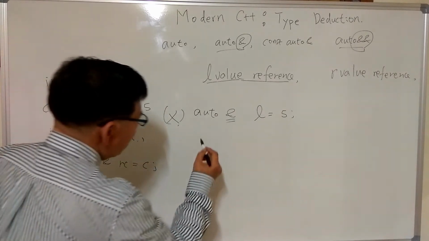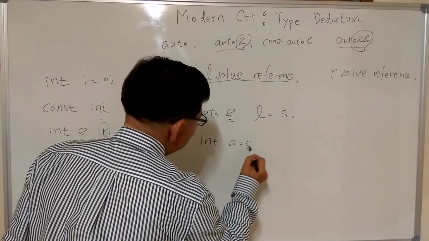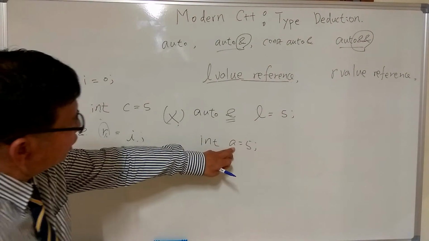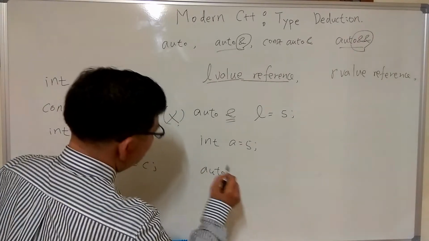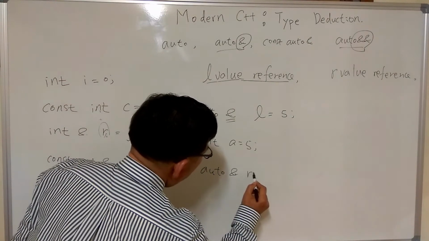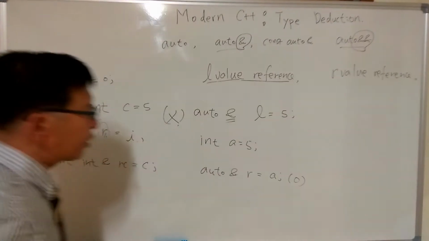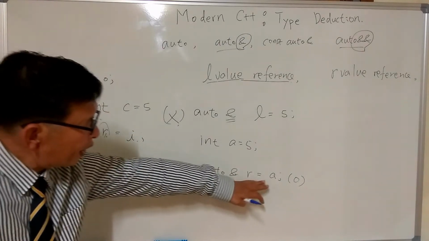For example, this is possible. int a equals 5. This is a variable with memory. Then we can say auto reference R equals A. This works because we can take the memory address.